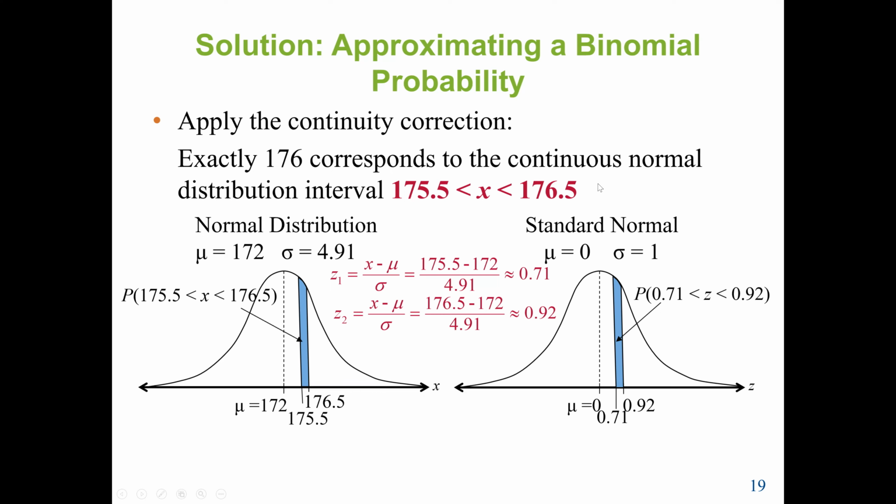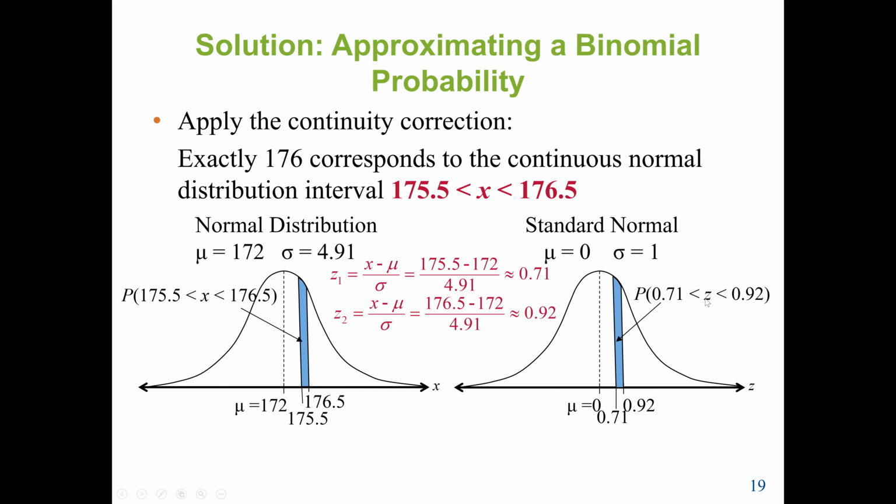So for exactly 176, we have the interval between, we add 0.5 and subtract 0.5, so this is the shaded area. Again, if it's less, we shade all the way to the left. If it's greater, we shade from the value to the right. If it's exactly, we get a short interval, adding 0.5 and subtracting 0.5.